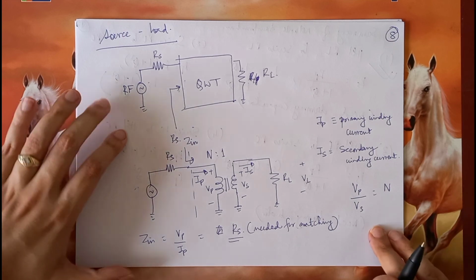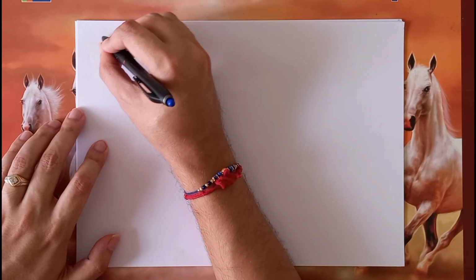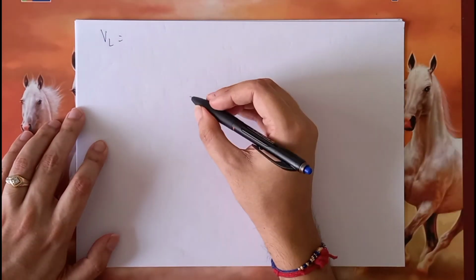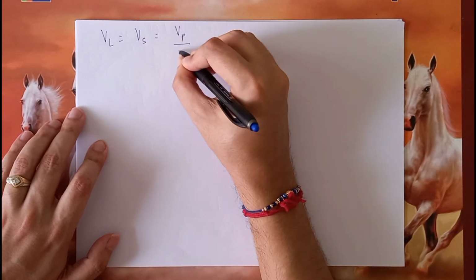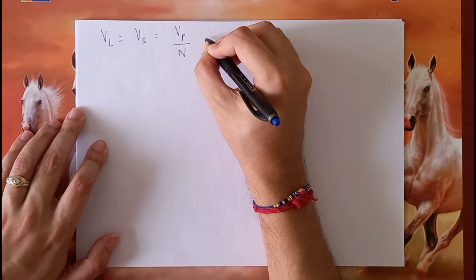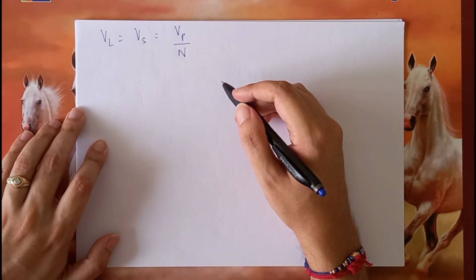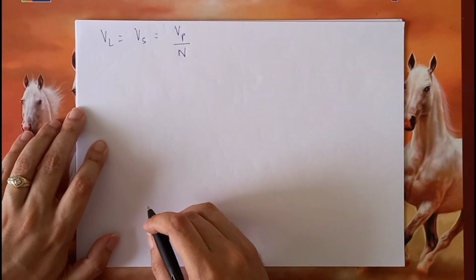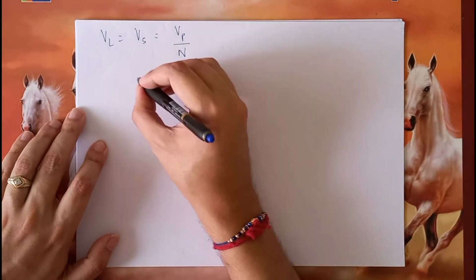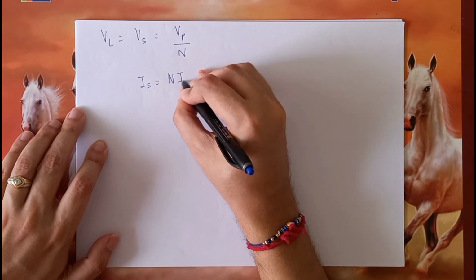So using this transformer equation, we can say that the load voltage VL, which is also equal to Vs, is Vp by N. On the other hand, for the current, we can say that the secondary current is N times the primary current.